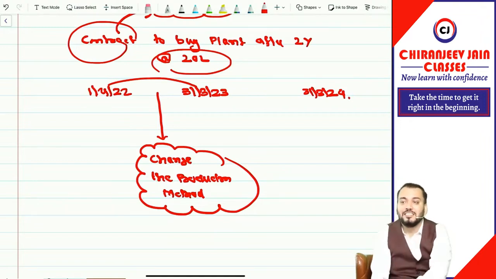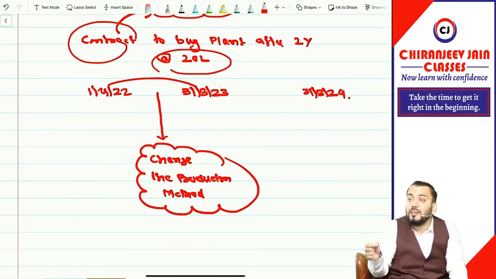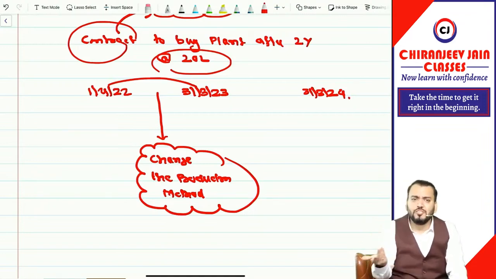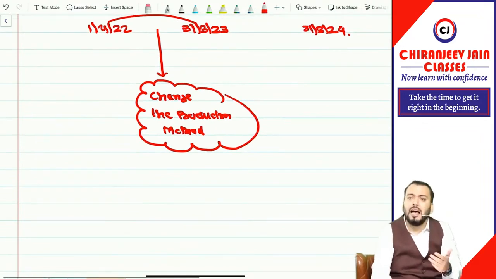So what Ind AS 37 says is that once the contract becomes onerous, apply Ind AS 37 and calculate provision based on unavoidable cost. The amount of provision will be equal to the unavoidable cost, the cost which you cannot avoid. That much provision should be created. So in this case, what will be the unavoidable cost?